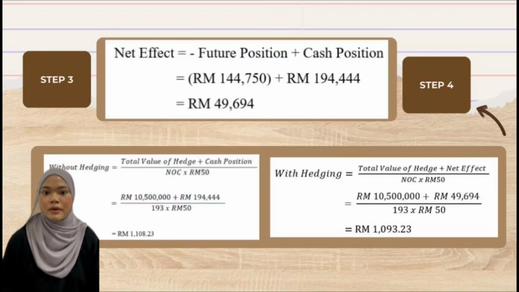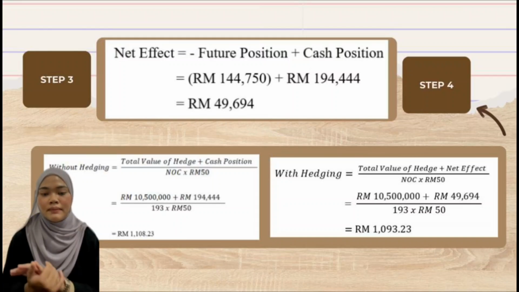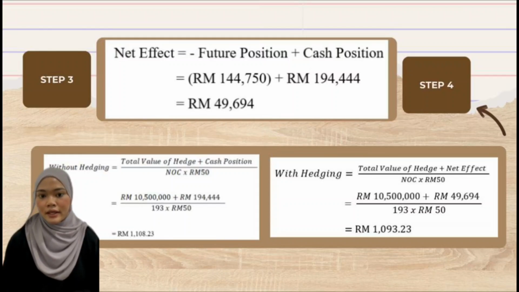This shows the portfolio performance if no hedging strategy had been implemented. For the portfolio with hedging, the net effect, which includes both the cash position and the futures position, is added to the initial portfolio value.